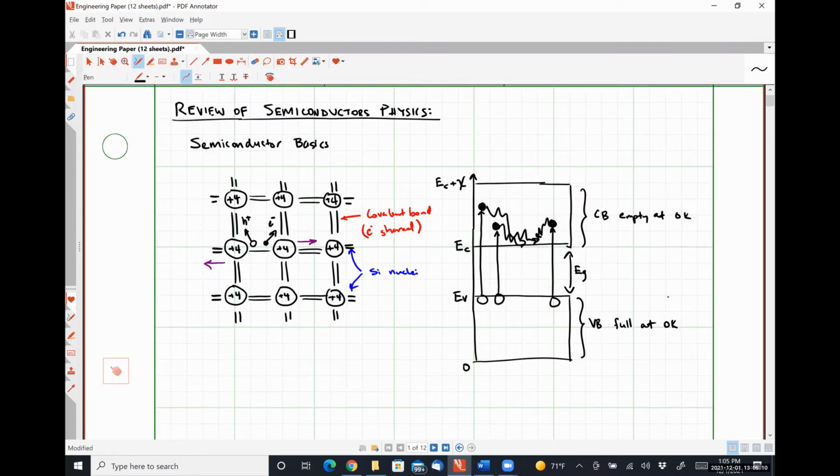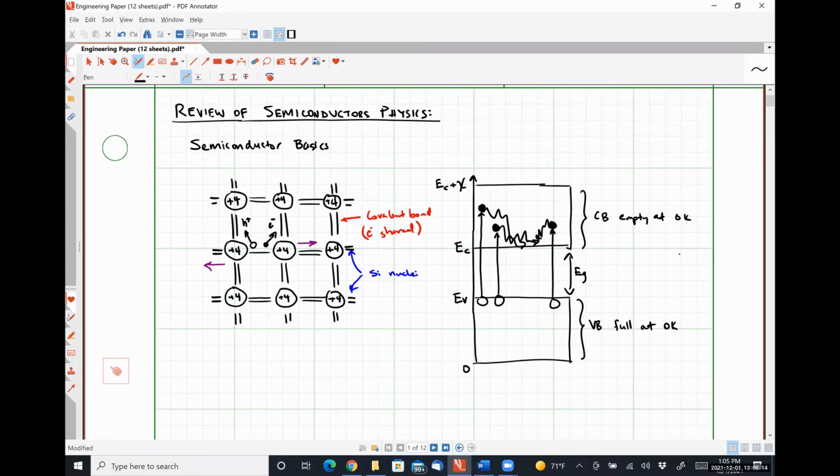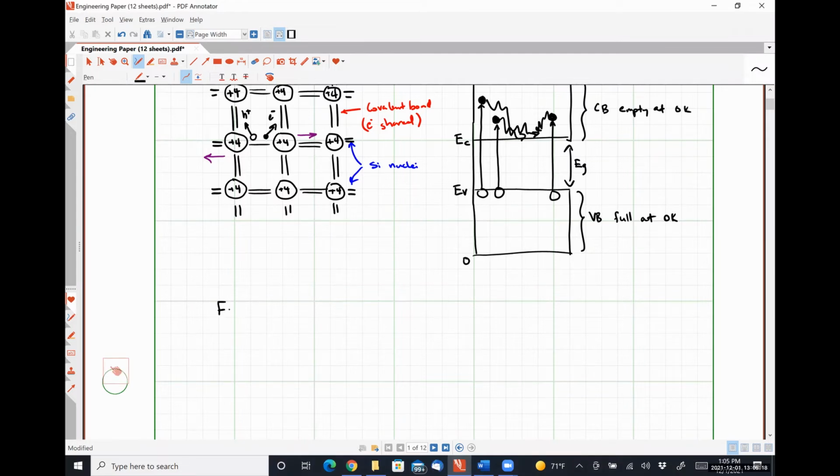So at thermal equilibrium, the free electron concentration N is equal to the hole concentration P, and both of these are equal to what's called the intrinsic carrier concentration, which is Ni.